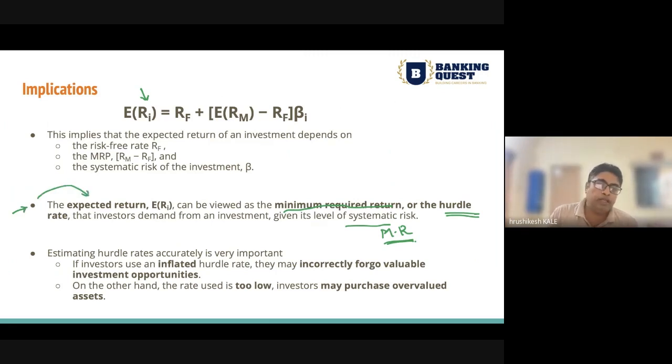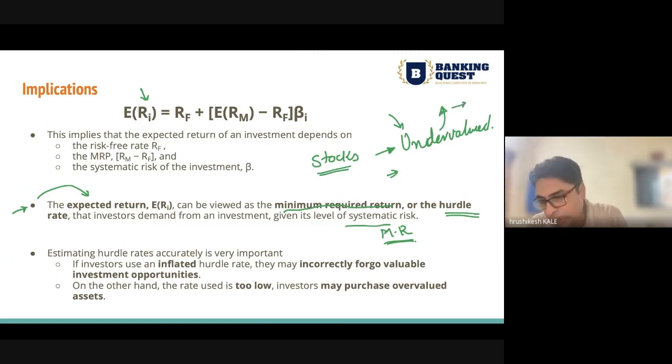And if he earns less than expected return, that is bad. So he will have to choose stocks which will give more expected return, that is undervalued stocks. He should invest in undervalued stocks so that in the long run they become fairly valued and you get more return than expected return.